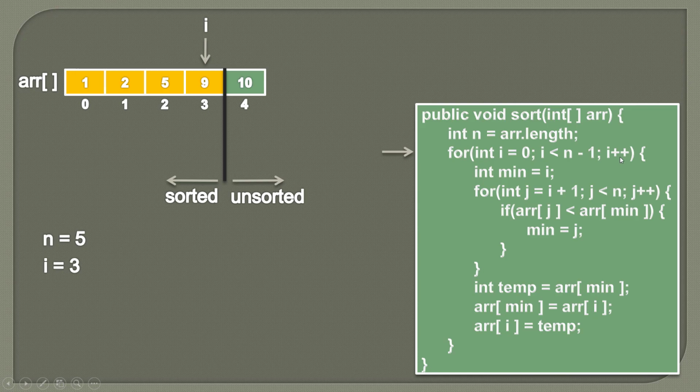So here if we increment i by 1, i becomes 4. So i will come to this point, but here you can see 4 is not less than 4, which makes sense because now i is pointing to the last element, and if it is the only element left, then we are sure that the last element is actually sorted.